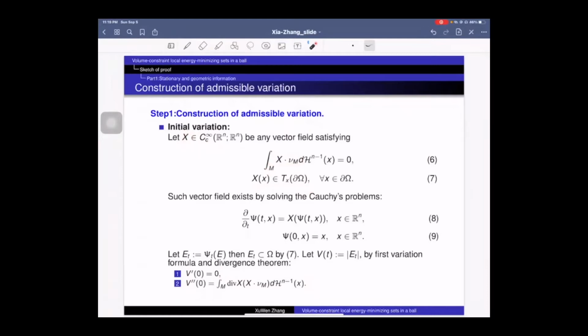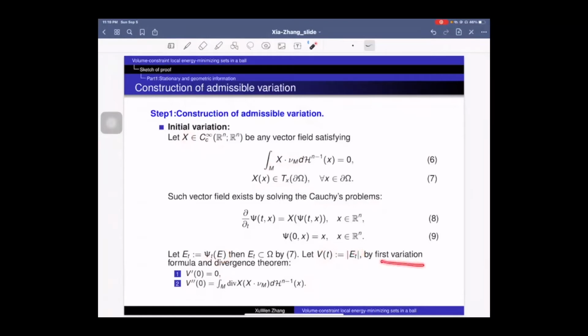The existence of such vector field can be obtained by solving the Cauchy's problem, and we simply set ET to be the image of E under psi T, and we set VT to be the volume of ET.